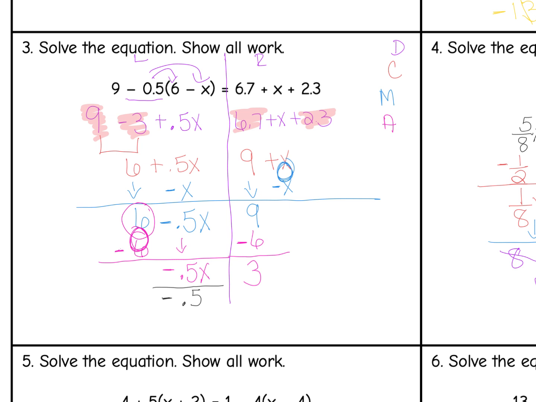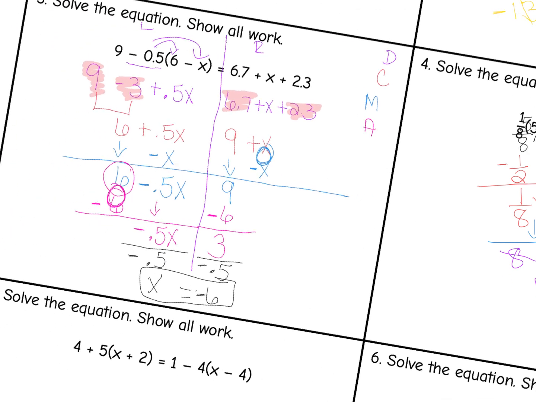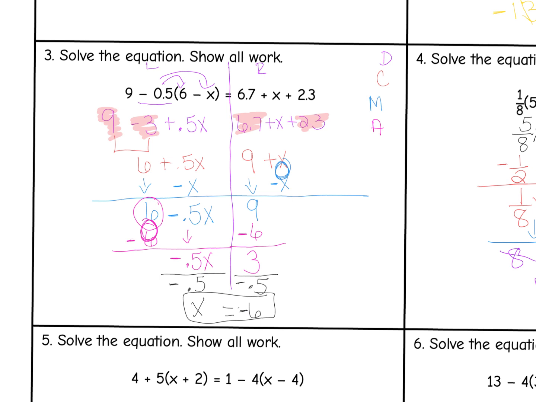So negative 0.5 divided by negative 0.5 is 1. That's what I wanted, leaves me with x. If I divide by negative 0.5 on the left, I'm going to divide by negative 0.5 on the right. Here, 3 divided by negative 0.5 leaves me with negative 6. There we go.